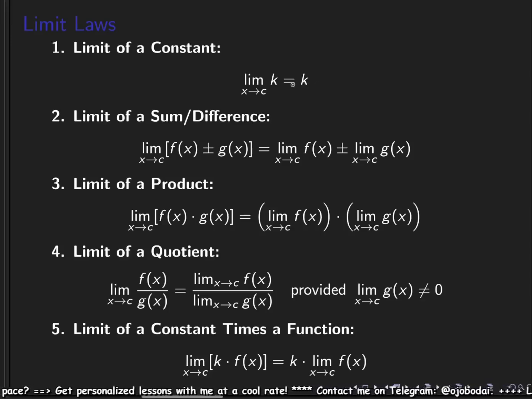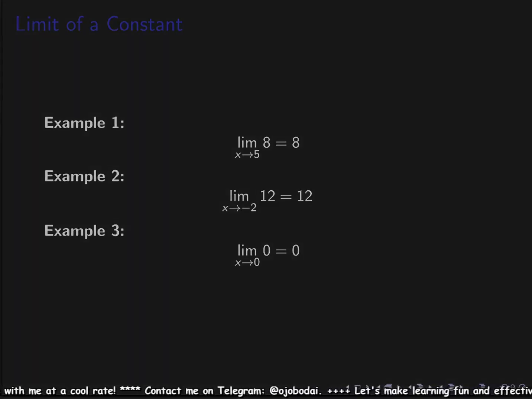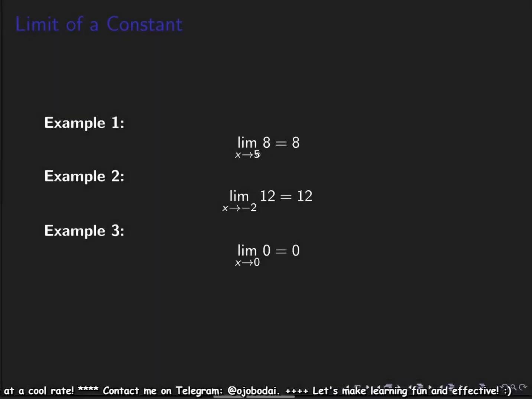Let's look at some already solved examples and then see how that is applied. So if you look at these three examples over here, we want the limit of 8 as x approaches 5. The 8 here is a constant and there is no x attached to it. Hence our answer is still what? 8.